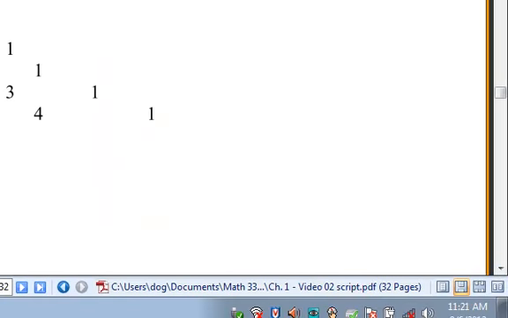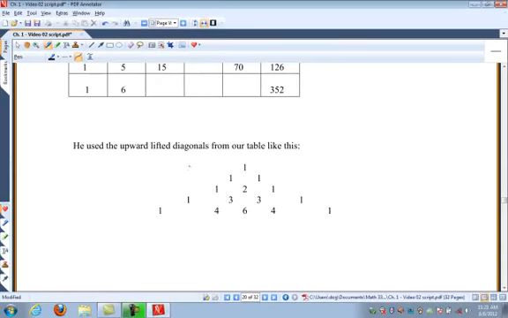So here we go. Here's Pascal's triangle. The 0th row is a 1, and then we have 1, 1, and then we have 1, 2, 1, and then 1, 3, 3, 1. And to get the next entries, notice he makes the adding then, instead of adding on a diagonal, you add this way. 1, what goes here is 1 plus 3 is 4, 3 plus 3 is 6, 3 plus 1 is 4.